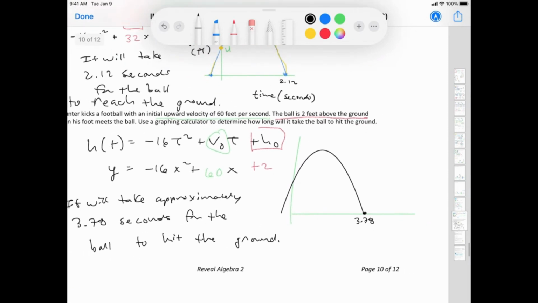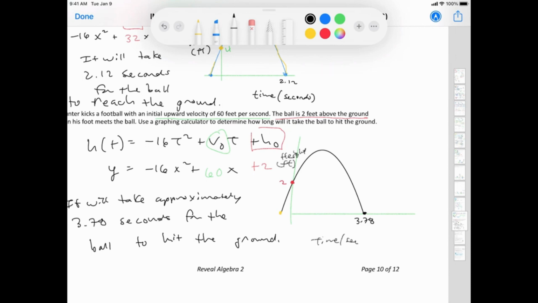Okay, so initial height of 2. This value over here is not important because time cannot go negative. Time is measured in seconds. And this one over here on the y-axis is our height measured in feet.